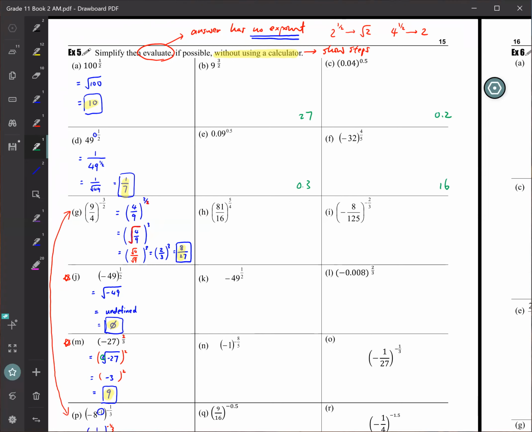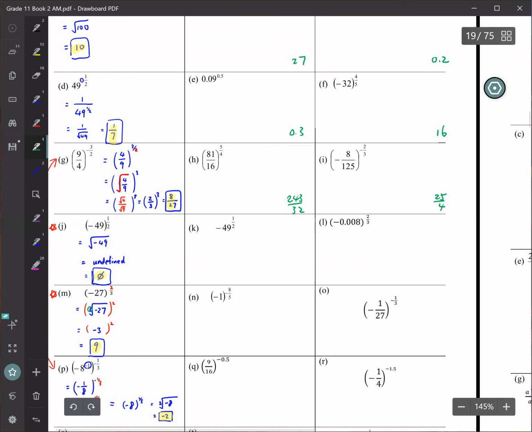Yosher, H and I? 243 over 32 and 25 over 4. Okay. Colin, K and L? I got -7 and -0.04.